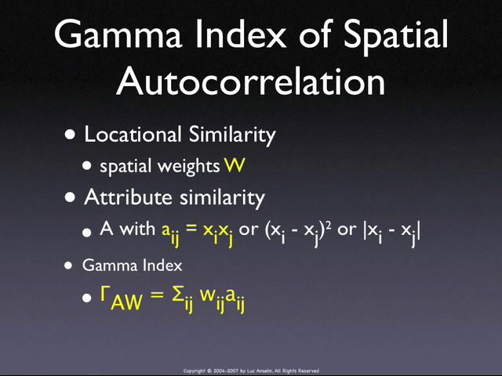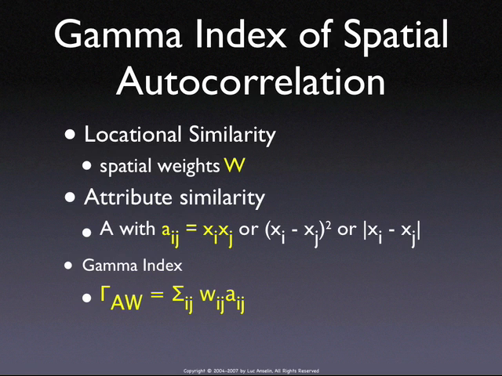And since we've already seen that locational similarity can be formalized in a spatial weights matrix, that gives us one of these two matrices as our W, or spatial weights matrix. The other one is basically whatever measure of similarity we want to come up with. And so you can readily see that a whole number of spatial statistics for spatial autocorrelation can be constructed using this principle.